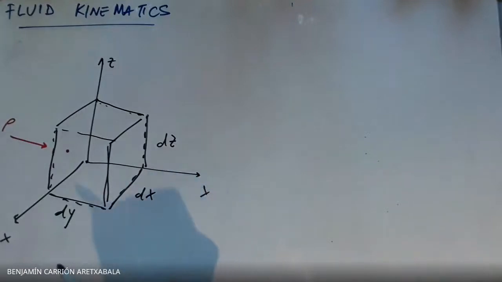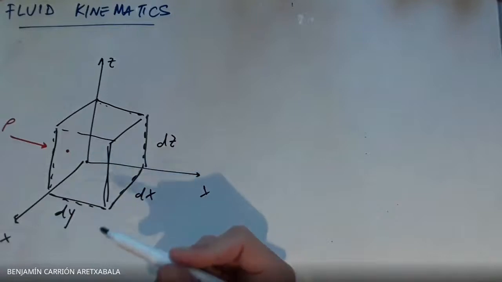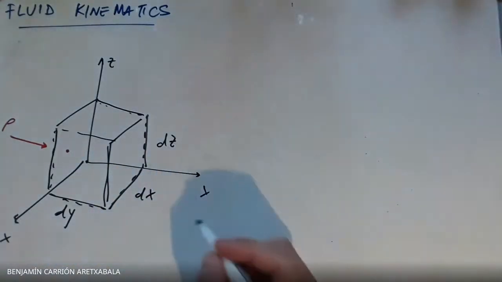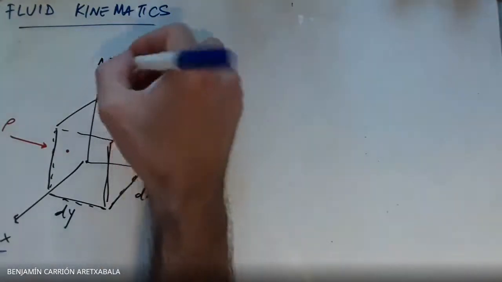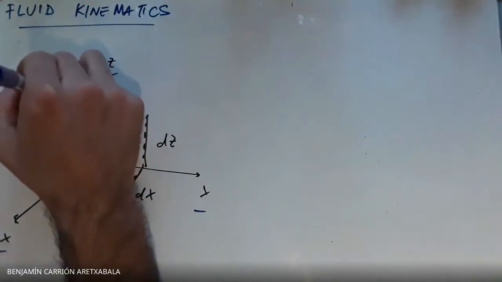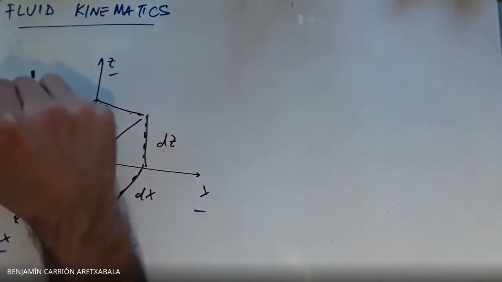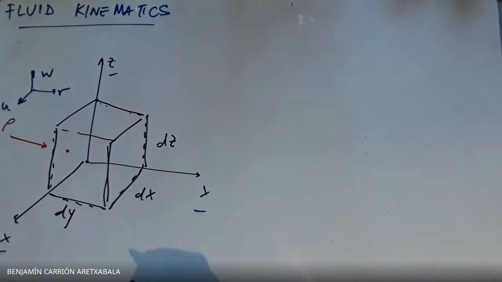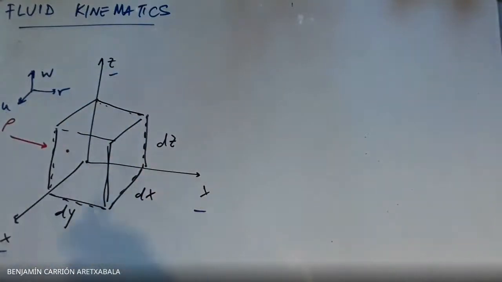So you can easily see that the amount of mass coming into this volume is going to be, if this is x, y, and z, then the velocity field is going to be u, v, and w. At any point, these velocities depend on the point and on time.